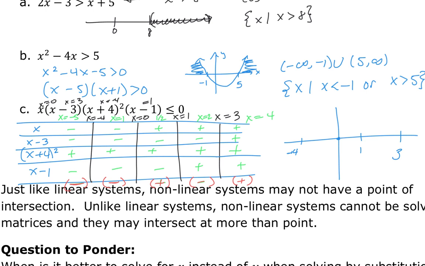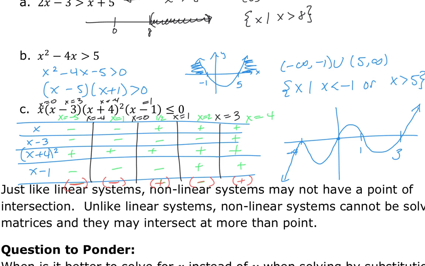The leading coefficient's positive, so it's going to look something like this. And we know it would bounce at -4 because its multiplicity was 2. Whether I did a sketch of the graph or a sign chart, it does not matter.